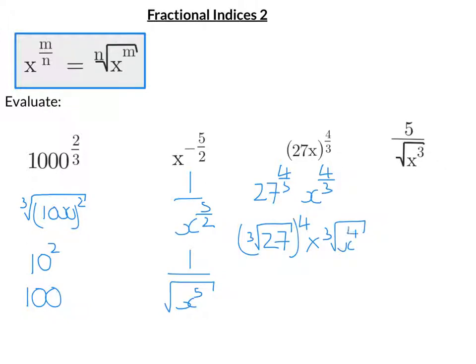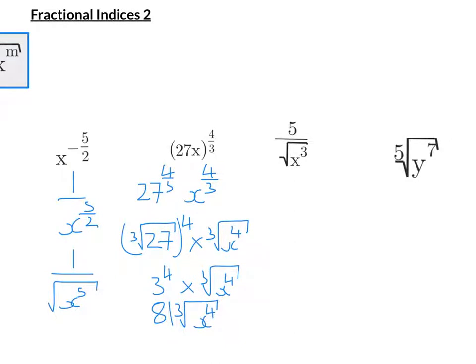Now, it doesn't matter if we do the powers before the rooting, but for numbers, it's definitely best to do the rooting first. So the cube root of 27 is 3, and 3 to the power of 4 is 81. So what we're going to get in our answer here is 81 times the cube root of x to the 4.